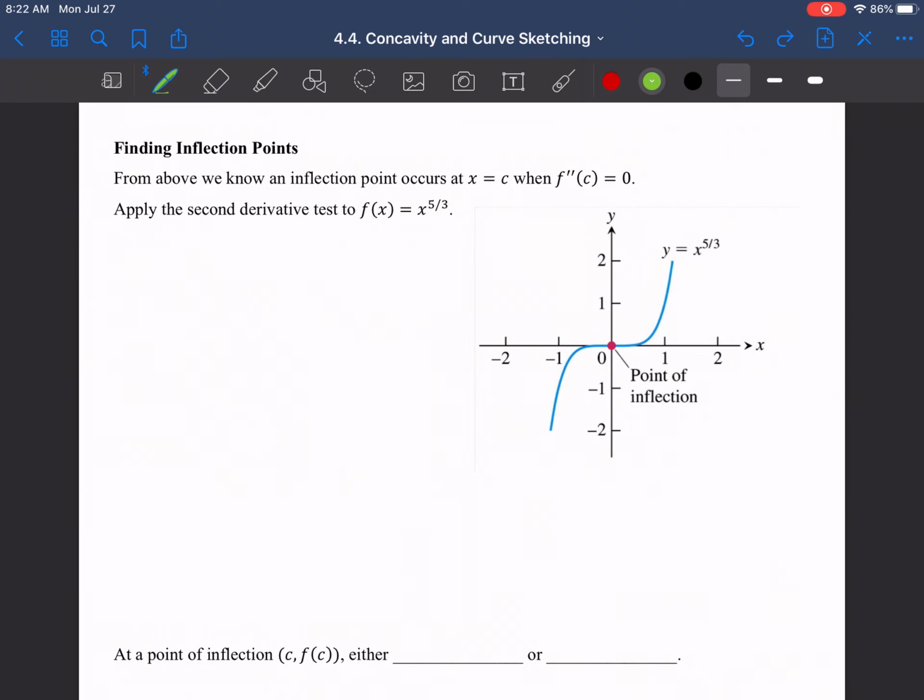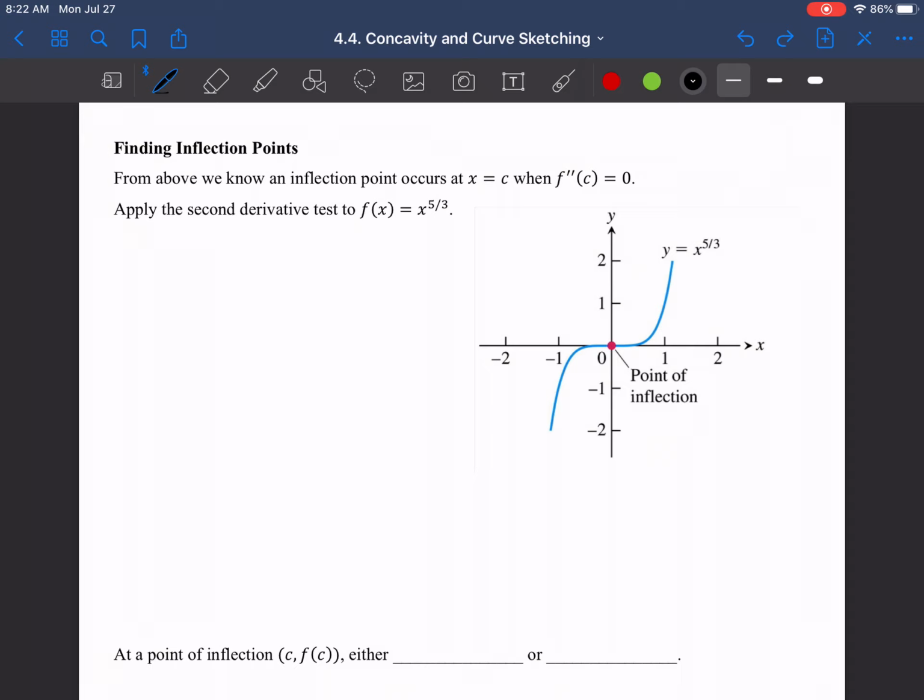So let's take a look at this one, finding inflection points. What I'm going to do is leave this one for you to try. You have to be a little careful here, but give it a try and see what happens, and I'll put it worked out for you. What I will do is fill in this bottom part for you, just to give you a little hint of what you should look out for in this one.